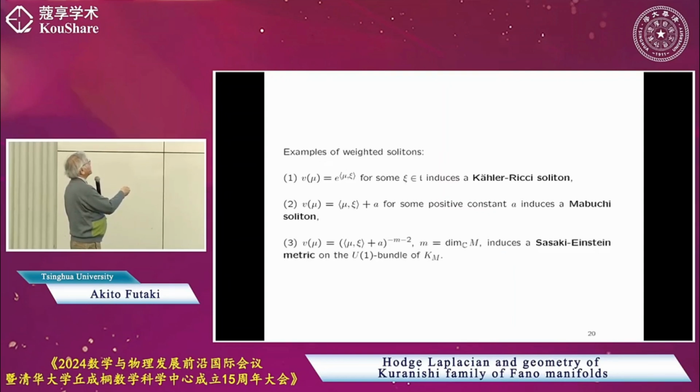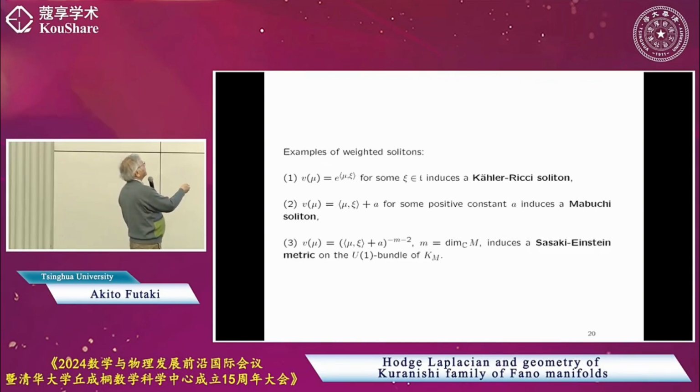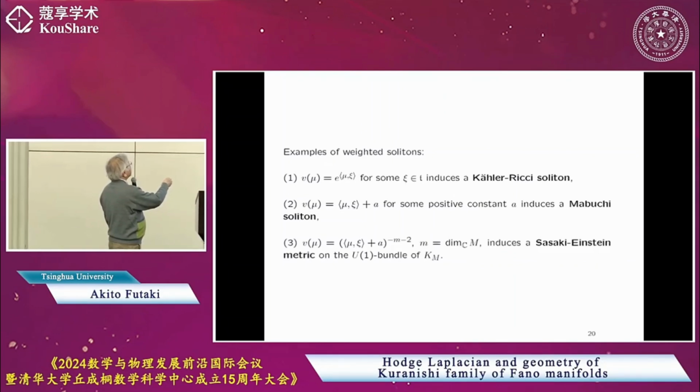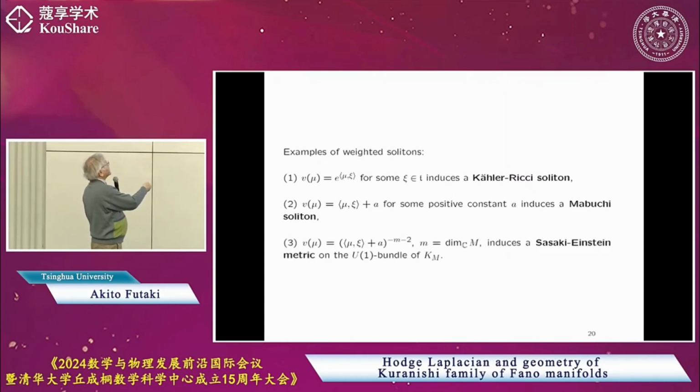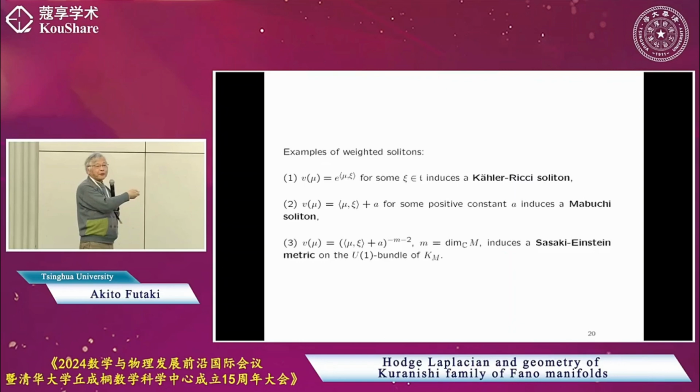For example, when V is the exponential of mu paired with z. What is this? z is a fixed element in the Lie algebra of the torus, and mu is a variable on the image of the moment map. So this is a linear function with coefficient z and variable mu. Then the exponential can be considered a function on the moment map image. In this case, the V soliton is the Kähler-Ricci soliton, and a Kähler-Ricci soliton is necessarily of this form.